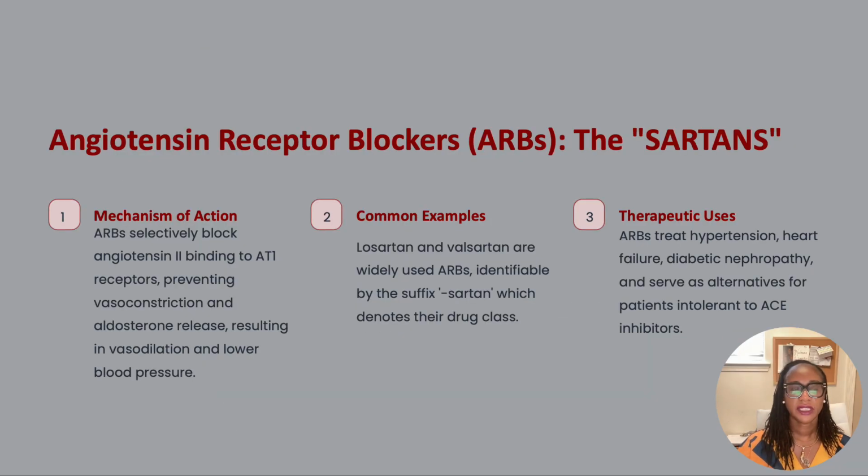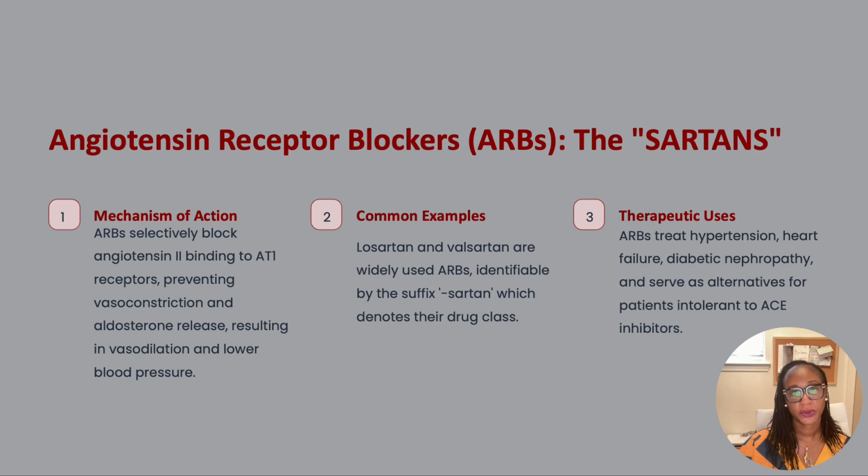So for angiotensin receptor blockers, the ARBs are sartans. Mechanism of action: ARBs selectively block angiotensin 2 binding to the AT1 receptors, preventing vasoconstriction and aldosterone release, resulting in vasodilation and lowering of the blood pressure. Some common examples are losartan, as I mentioned before, and valsartan, widely used ARBs identified by the suffix sartan, which denotes their drug class.